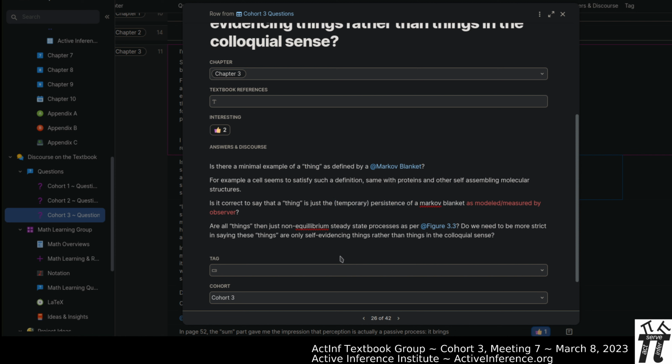So maps are not observer independent. Markov blankets are on maps. Yes, every level of organization in multi-scale complex systems will fit that definition.